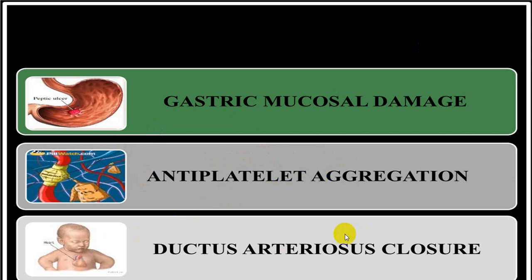It is also useful for duct closure, because when those are given, it will give rise to closure of the duct, patent ductus arteriosus. And there are only two compounds which are very commonly utilized: indomethacin and aspirin. Indomethacin is much more commonly utilized than aspirin. So for duct closure, indomethacin is of use and no other drug is effective.